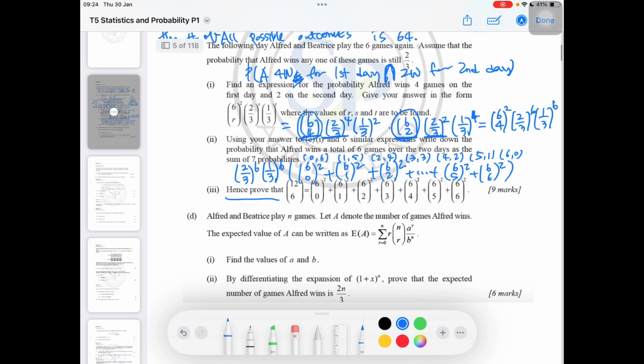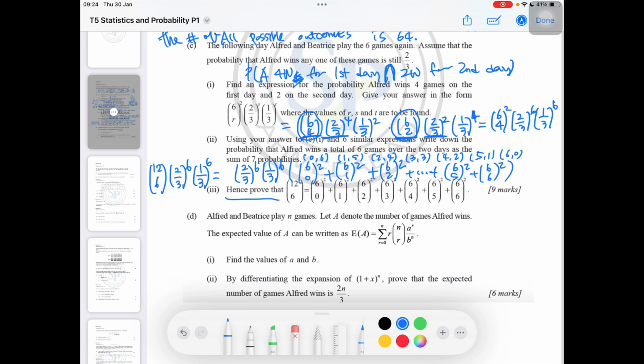So now, hence prove that. Now we thought about this as 2 different days. But let's think about this as just a total of 12 games and he can win 6 times. So this is exactly like out of 12, he will win 6 times, and 2 over 3 to the power of 6, 1 over 3 to the power of 6.